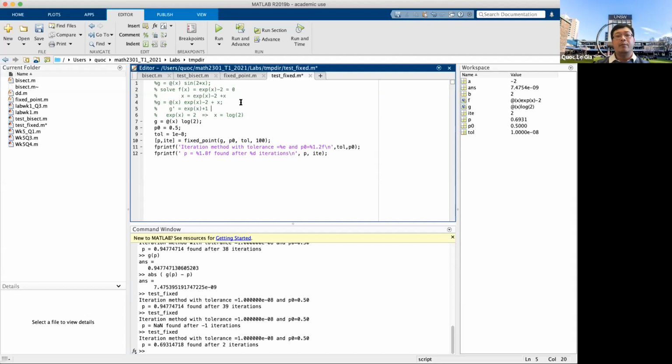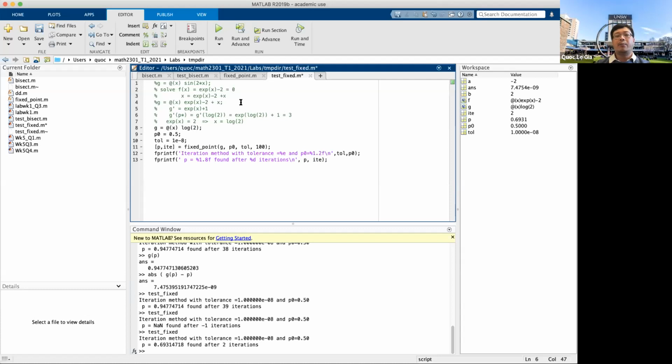And if you put in the solution, g prime of p star, which is g prime at the point logarithm 2, it will be exponential of logarithm 2 plus 1, which is 3.